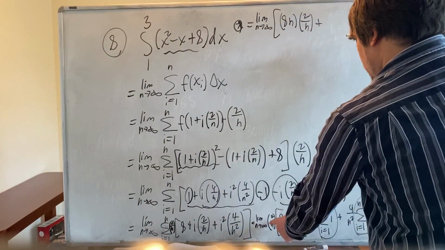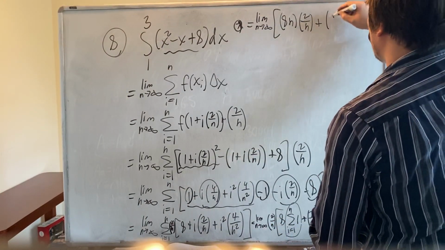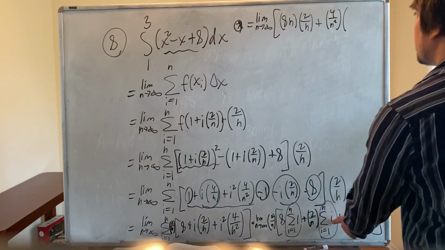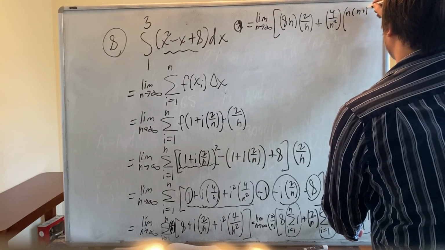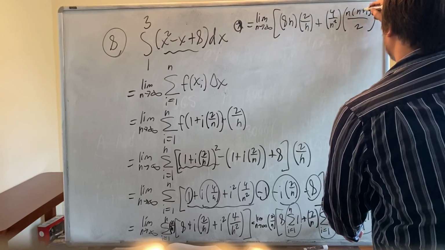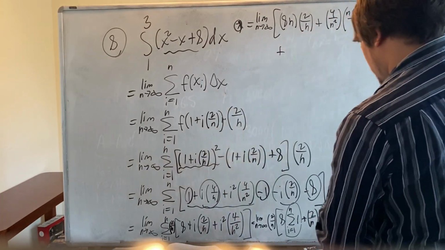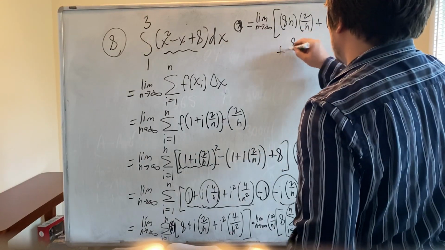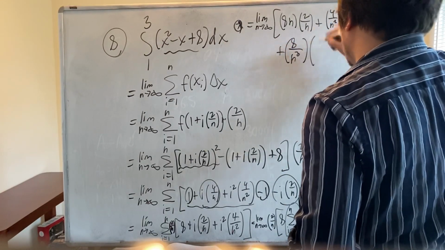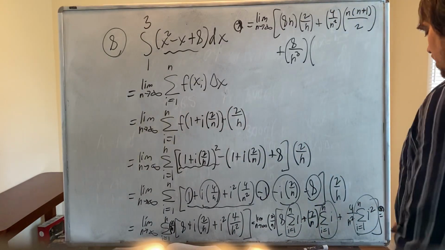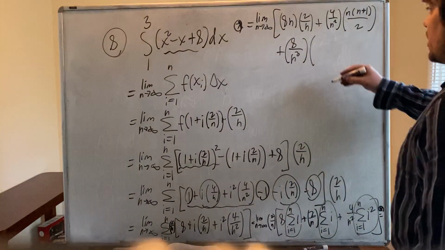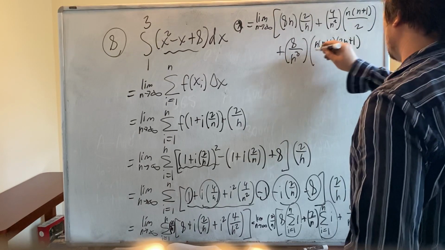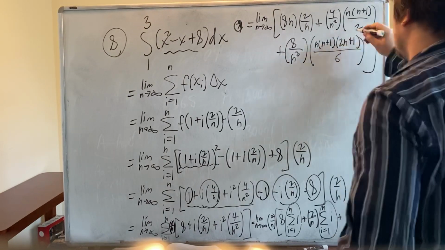So you have 2 over n times 2 over n, you have 4 over n squared times n plus 1 over 2, plus 4 over n squared times 2 over n is 8 over n cubed, times the sum of the squares, which is n times n plus 1 times 2n plus 1 over 6.